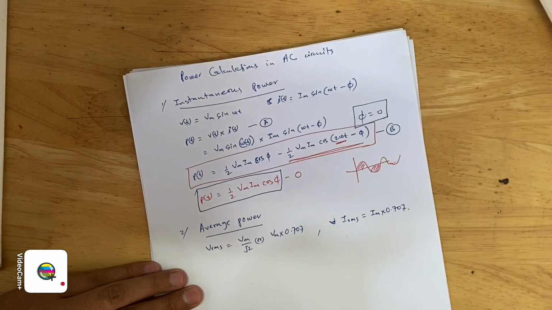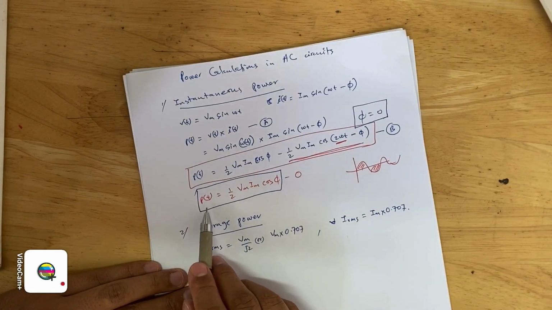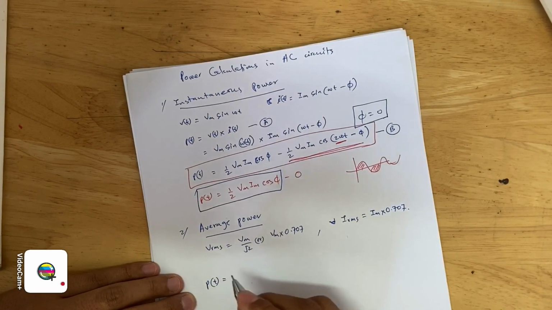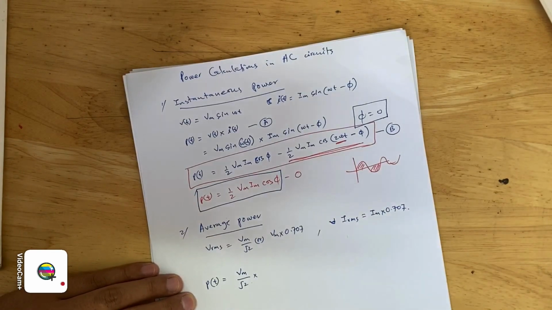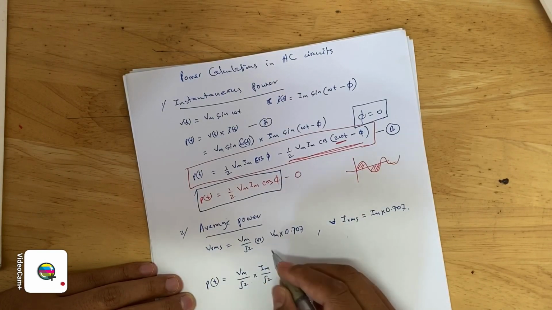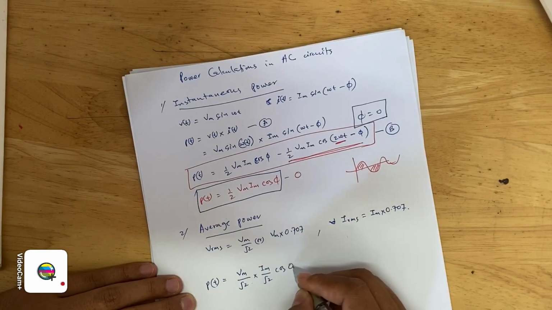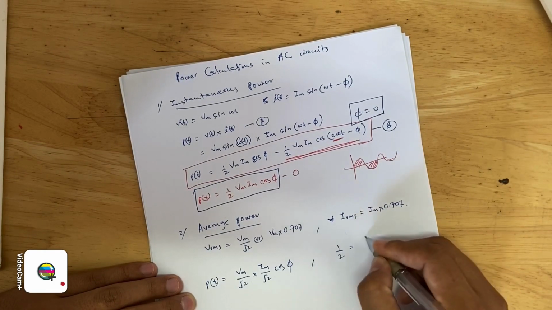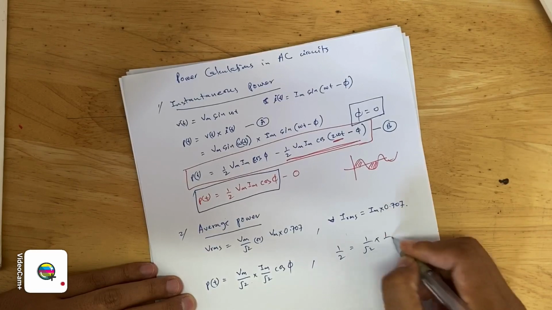If you look at the instantaneous power here, we have P of t given by 1 by 2, so we can write Vm divided by root 2 times Im divided by root 2, then cos of phi. Here 1 by 2 is equal to 1 by root 2 times 1 by root 2.